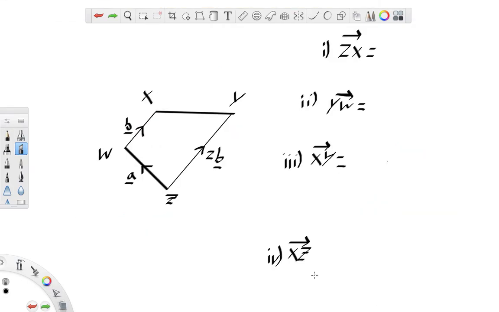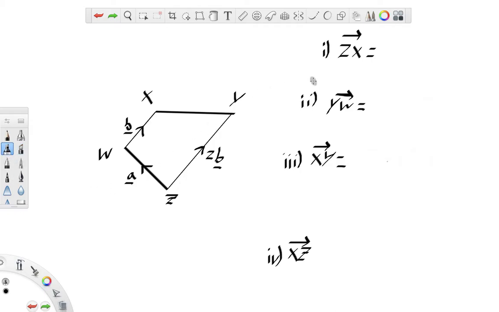Okay, so here we have another trapezium, and this trapezium is WXYZ. So the route from W to X is defined by the vector B, Z to W is defined by the vector A, and then Z to Y is defined by the vector 2B.